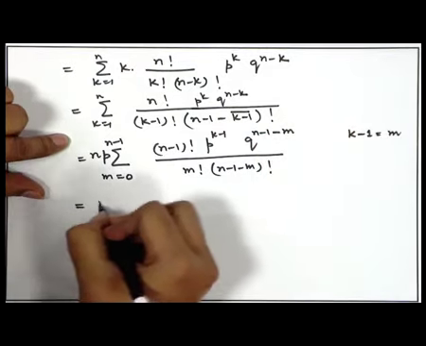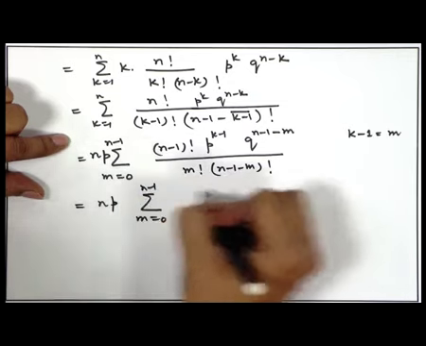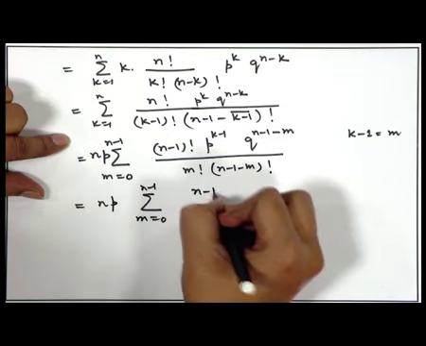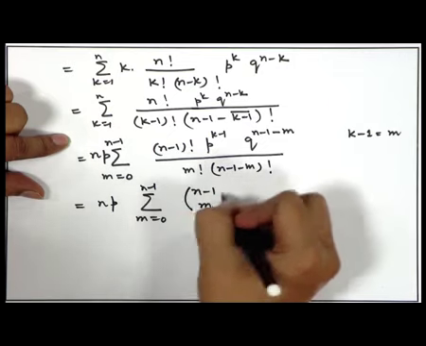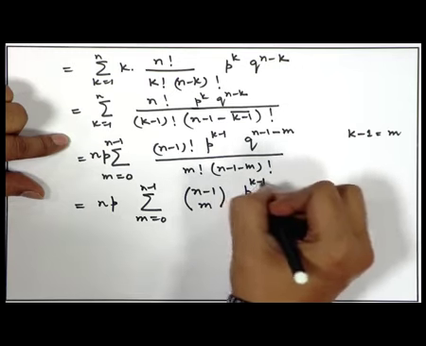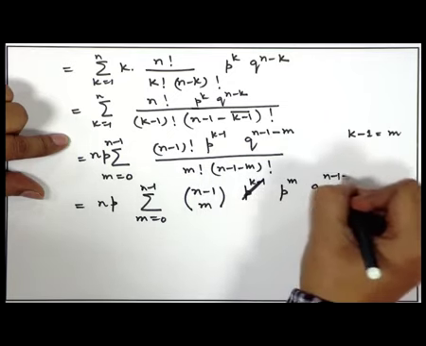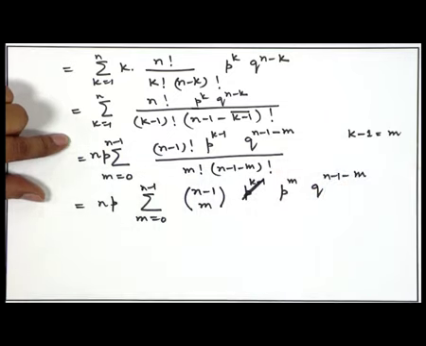So, this term then becomes np, sigma m is equal to 0 to n minus 1, n minus 1 choose m, p to the power m now, q to the power n minus 1 minus m.